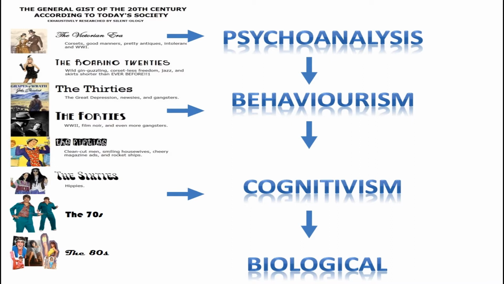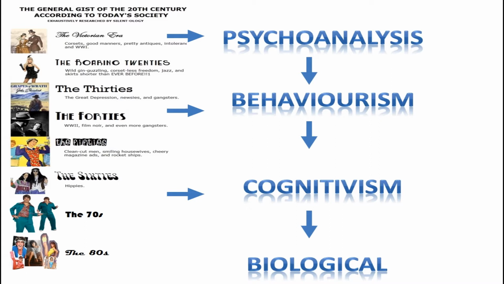So that's how psychology looks today. And in these two lectures, we'll offer you an answer to the question of how we got here. And by that, I mean, what is the history of psychology? To answer that, we'll be moving through the 20th century, and we'll see the shifts between 4 of the major schools of psychology, which are psychoanalysis, behaviorism, cognitivism, and biological.